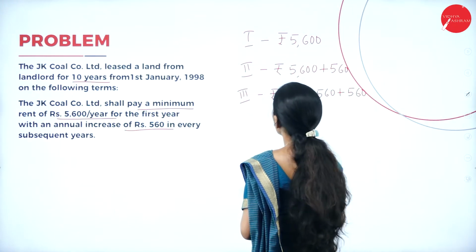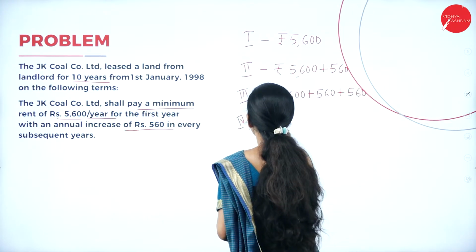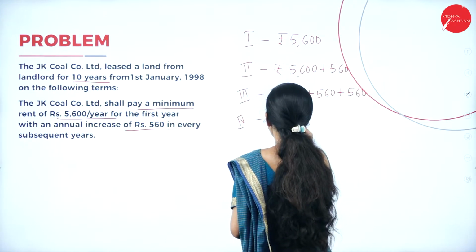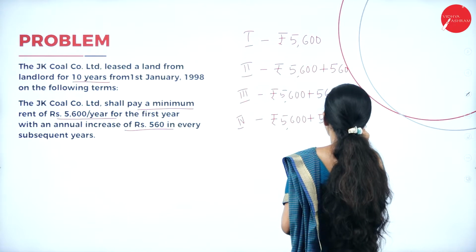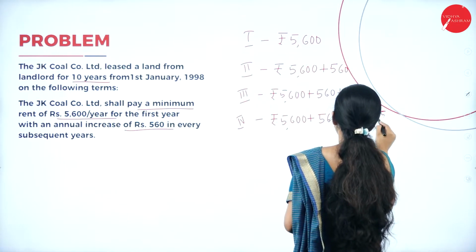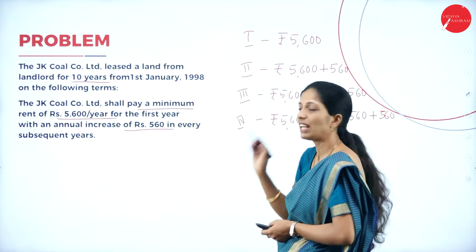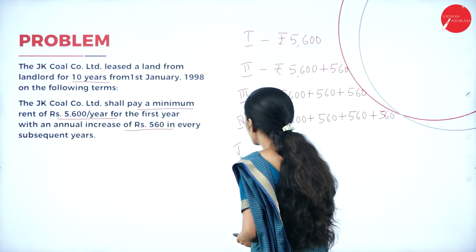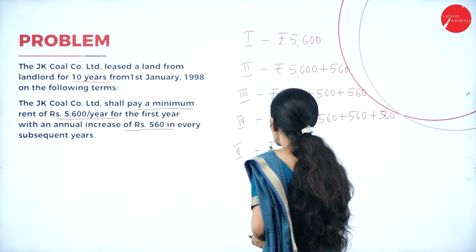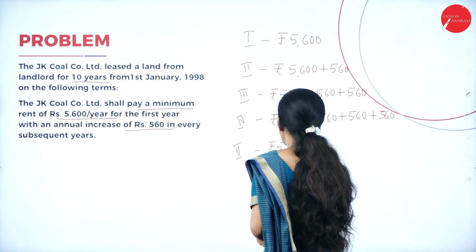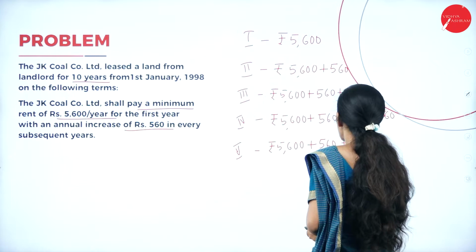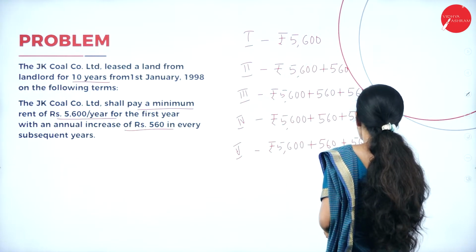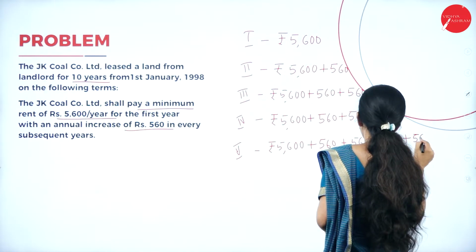Next, for the fourth year, rupees 5,600 plus 560 plus 560 plus 560 because there is an annual increment. Next, for the fifth year, here also rupees 5,600 plus 560 plus 560 plus 560 plus 560.